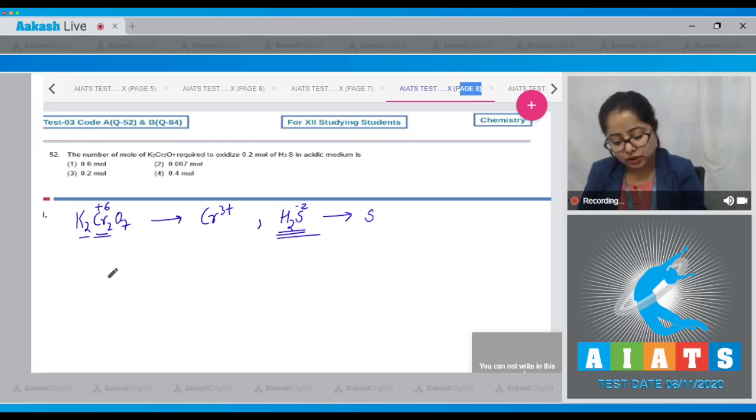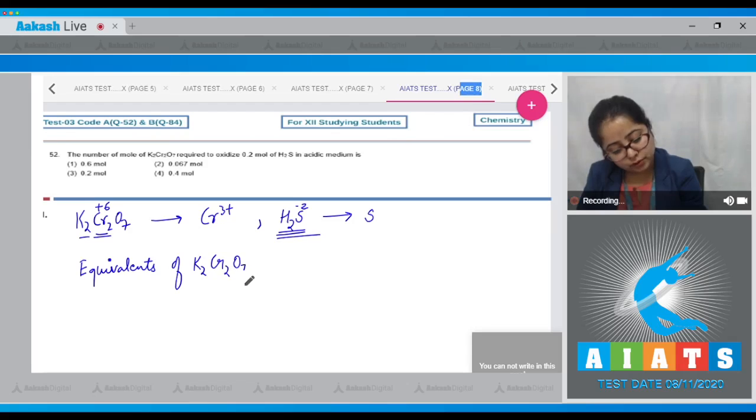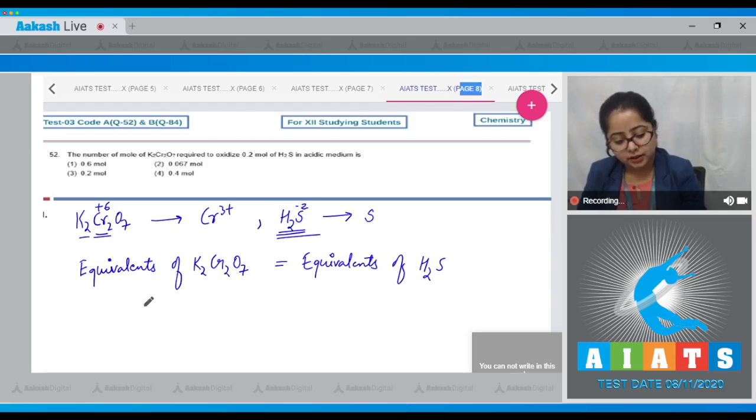And also for this question we need to know that the number of equivalents of K2Cr2O7 is equal to equivalents of H2S. Here equivalents of K2Cr2O7 is equal to moles of K2Cr2O7 into 6, because the change here is of 6. N factor is 6.